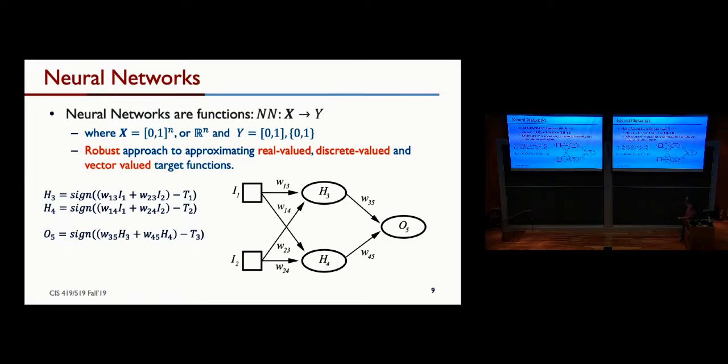So you have the two linear threshold units first, which output values H3 and H4, right? And then you have the values H3 and H4, which are now acting as inputs to this third linear threshold unit, which outputs O5.